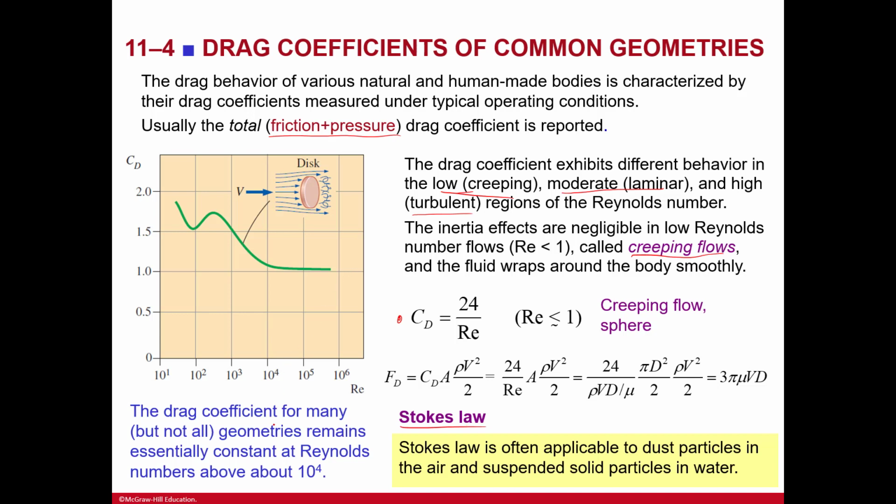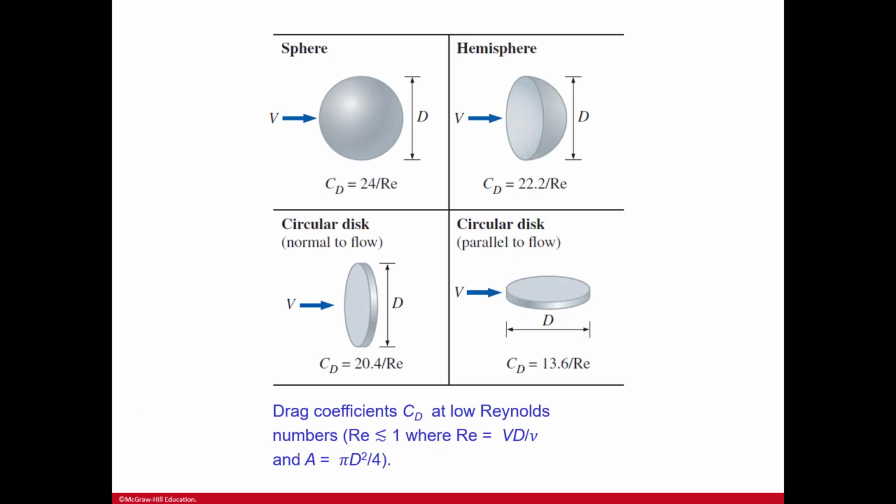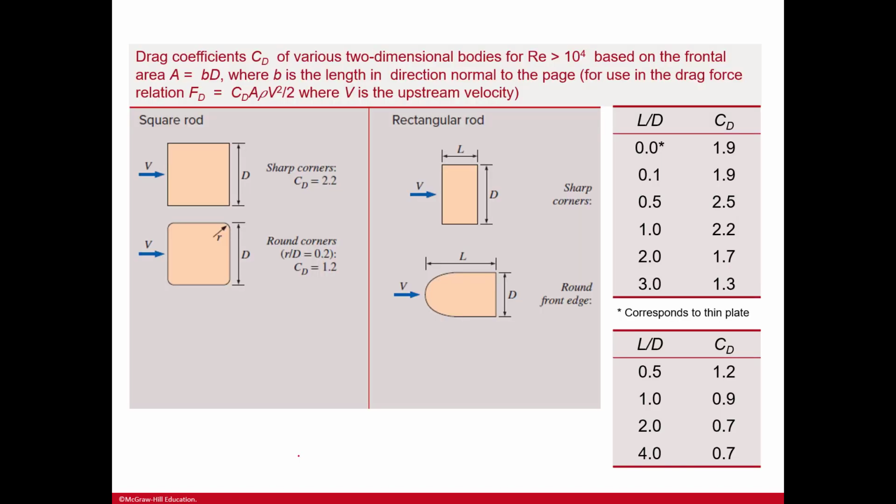Here's just a little note: the drag coefficient for many, but not all, geometries remains essentially constant at Reynolds numbers above 10 to the power of 4. So here you can see the sphere, a hemisphere, a circular disc, and then a circular disc that is parallel to the flow. And so you can see those two, normal to and parallel to the flow, and the drag coefficients. Drag coefficients of various two-dimensional bodies for Reynolds numbers greater than 10 to the 4, based on the frontal area in the direction normal to the page, for use in the drag force relation.